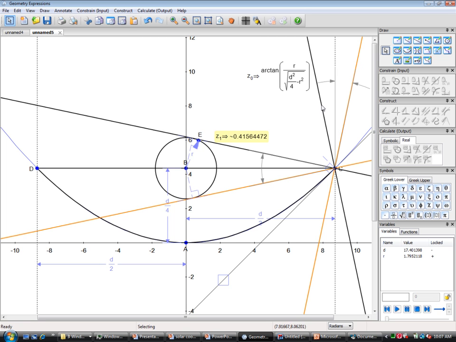And that angle is identical, because it's just the reflected version of this angle here. Now we can just ask for that angle. And we'll see, indeed they are identical angles.